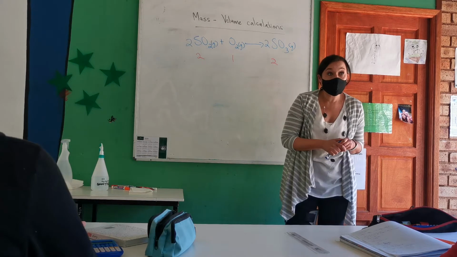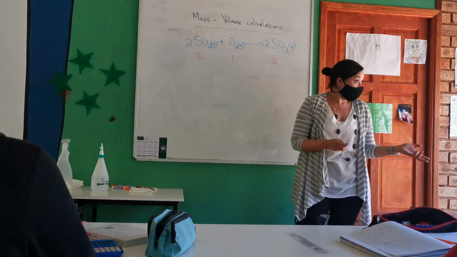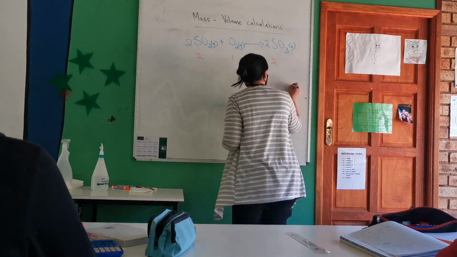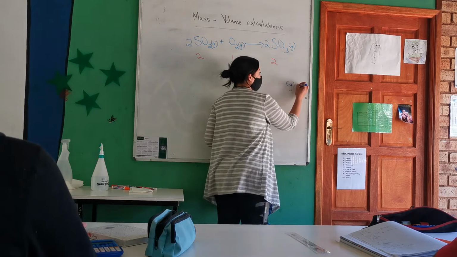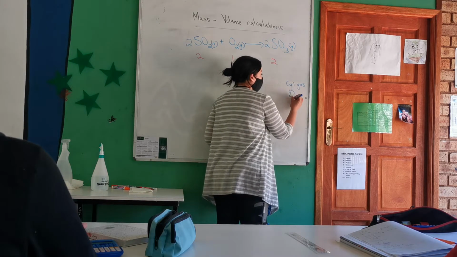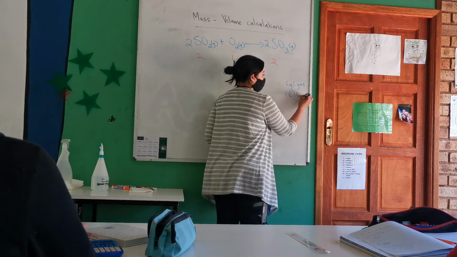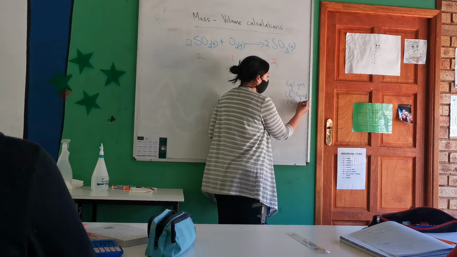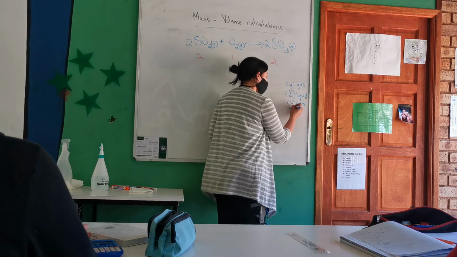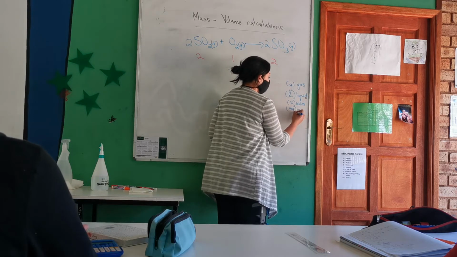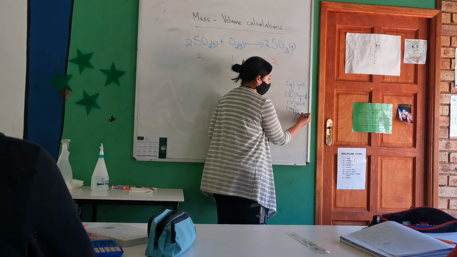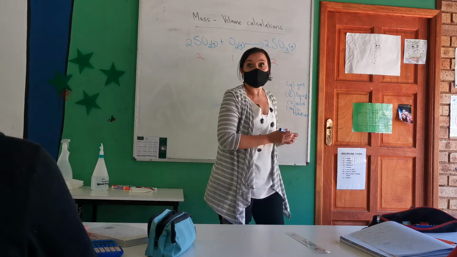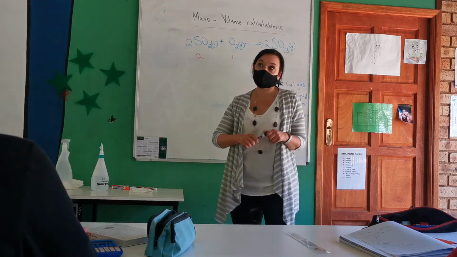G stands for gas, L is for liquid, S is for solid, and when you see AQ, it means aqueous, in solution. So it means something's been dissolved in something else.